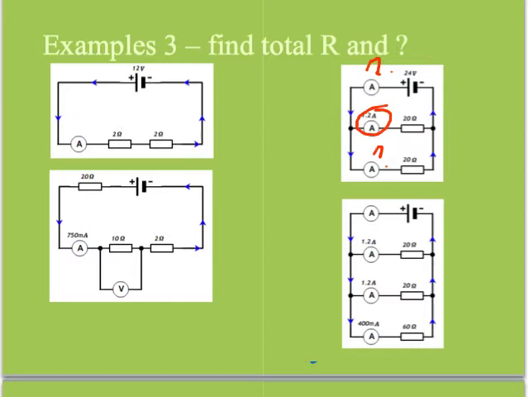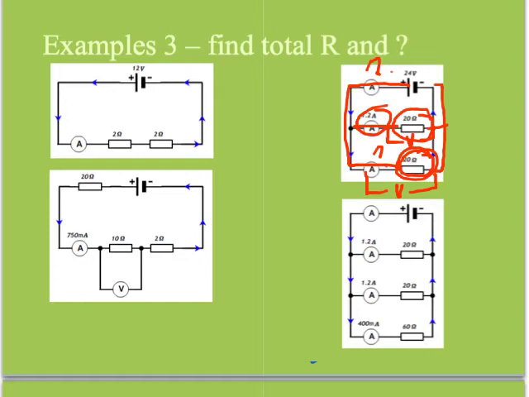If this is 1.2 amps, and that looks exactly the same, this has the same potential difference across it as that one. Okay, because this whole side here is 24 volts. This whole side is 0, so there's 24 volts lost on that one, 24 volts lost on that one.